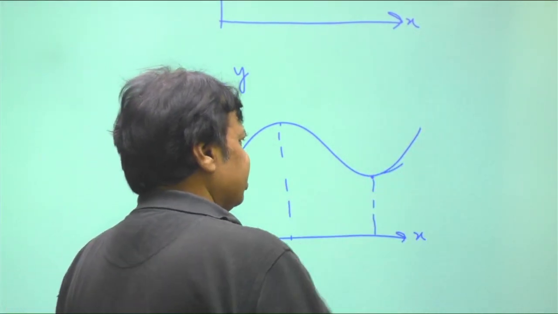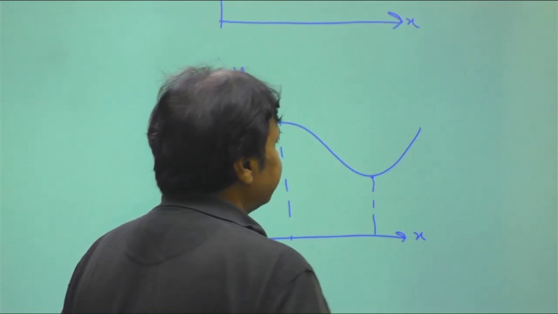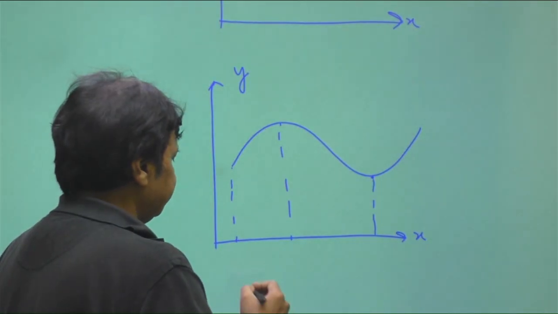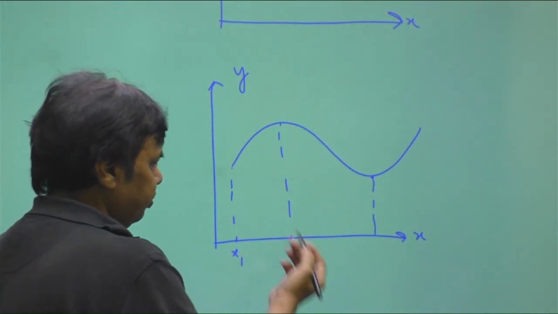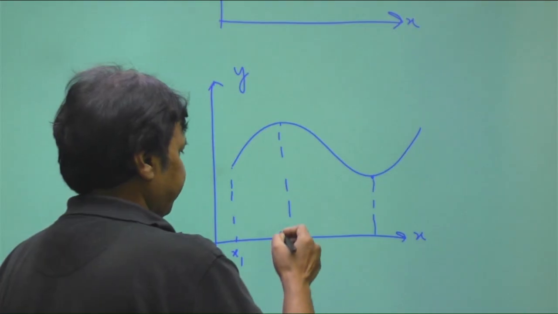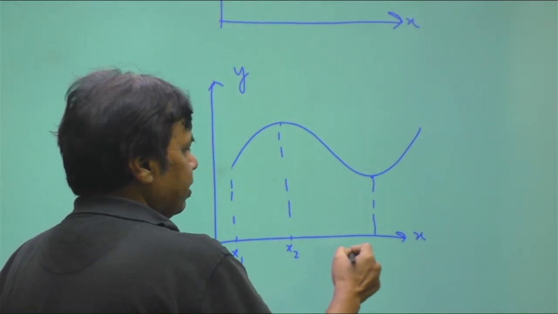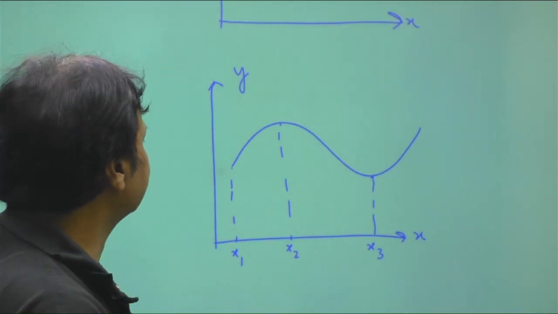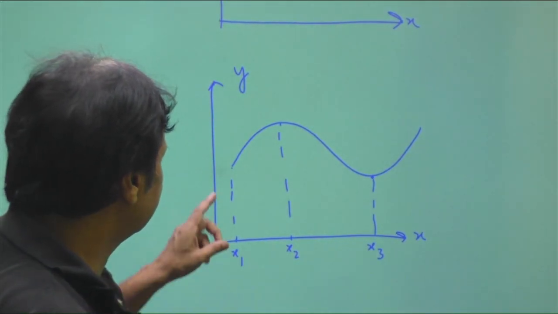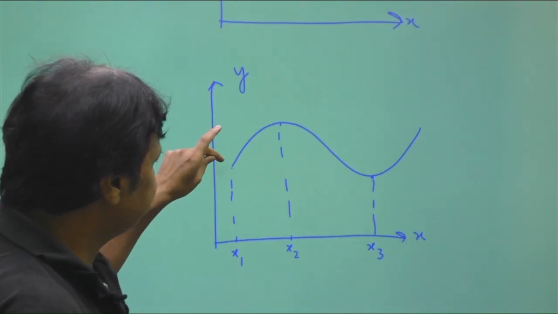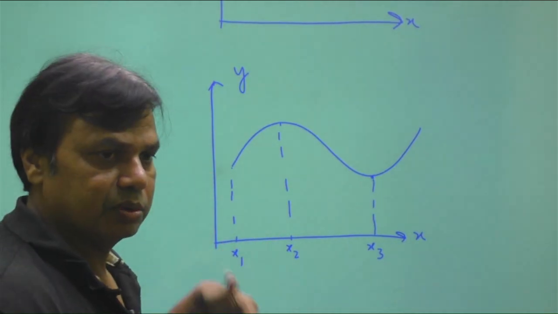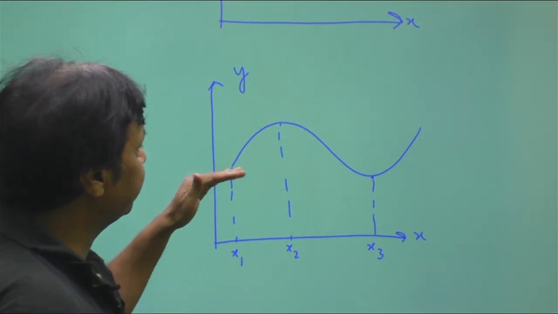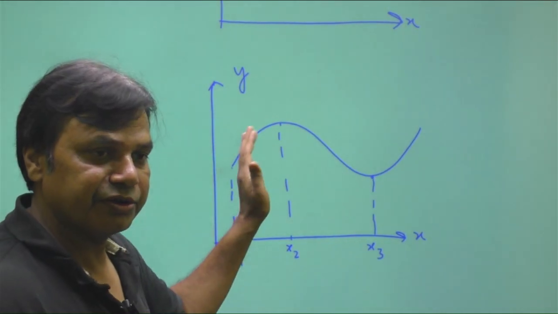And here is the next part of the curve. This is a different part. And if we provide x coordinates to these points, and say these points are x1, x2 and x3, then between x1 and x2 the curve is continuously increasing.